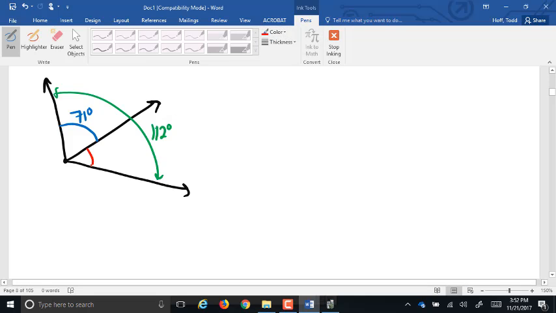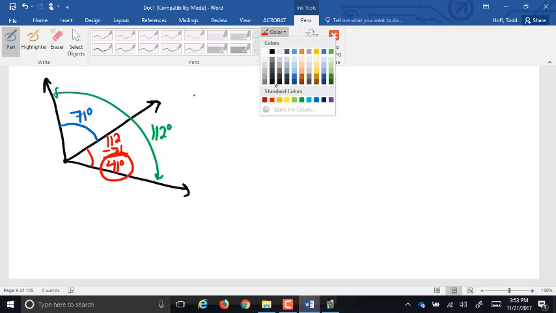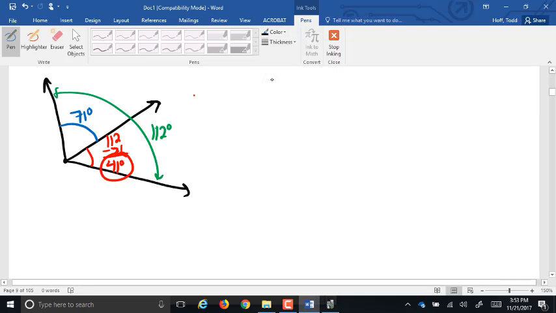And I'm asking for this one. How do we find the angle in red? Subtract, exactly. 112 minus 71 equals 41 degrees. So you can see we can add and subtract angles, but again, the requirement is they must have the same vertex and be adjacent, next to each other, sharing a side.